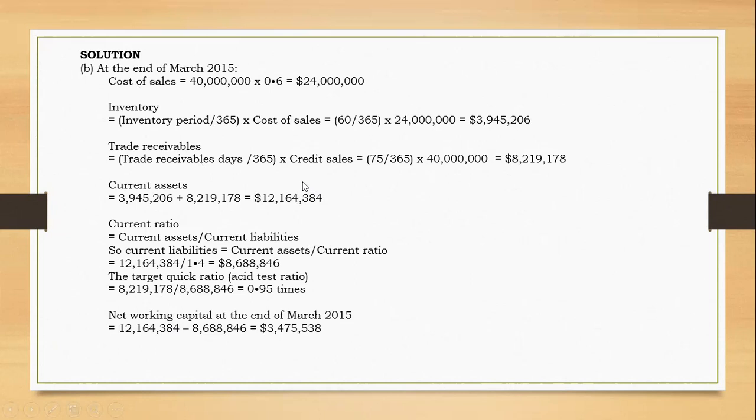What are the current liabilities? We have them here, 8,688,846, this one. If you subtract, you have the net working capital. So to obtain the sales net working capital ratio, you just take your sales that were 40 million divided by the net working capital, and you will have 11.5 times.